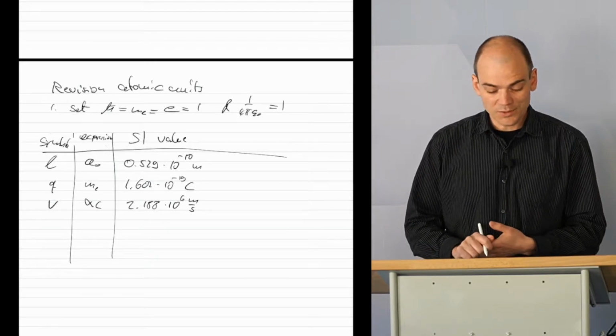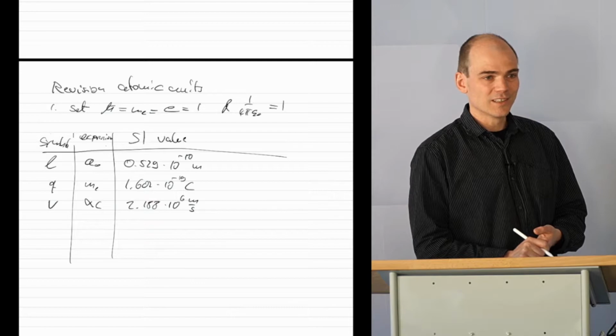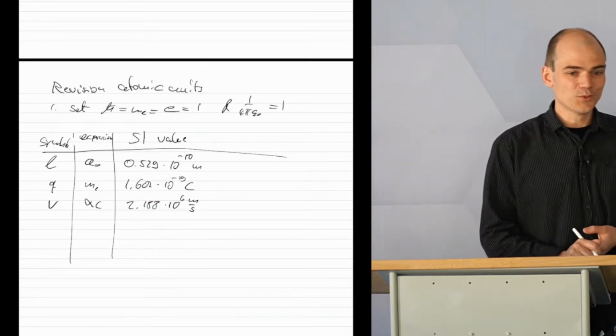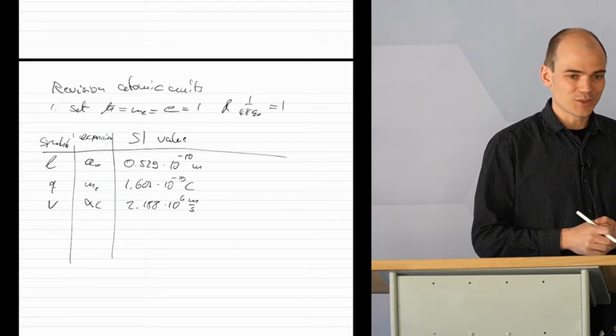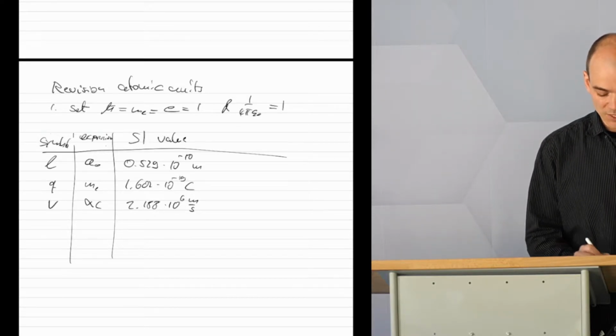And another important unit is the energy. What is the atomic energy unit? That's the Hartree, which is twice the ionization potential of the hydrogen atom. So 27.2 electron volts.